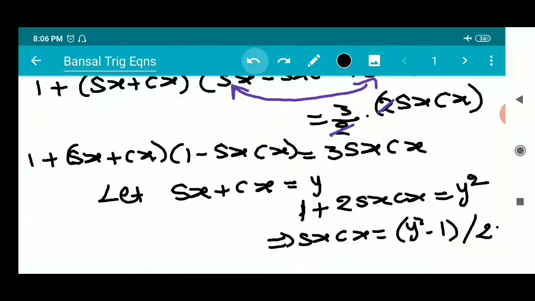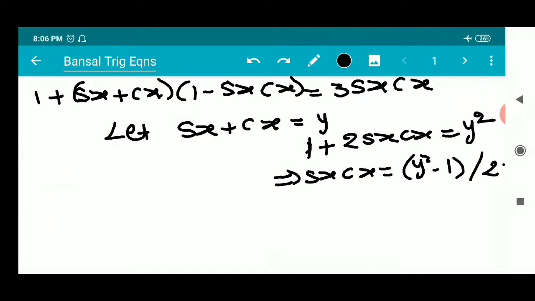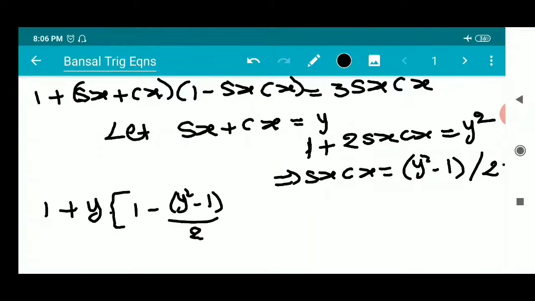So that is (1 plus y) into (1 minus (y square minus 1) by 2) is equal to 3 by 2 into (y square minus 1).